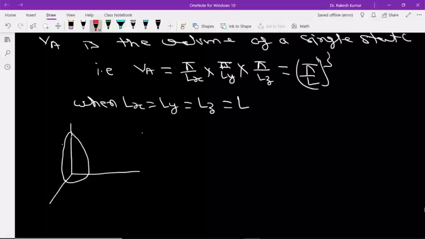So first we have to know the volume of a single state.